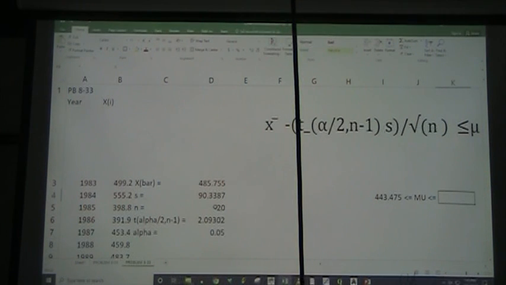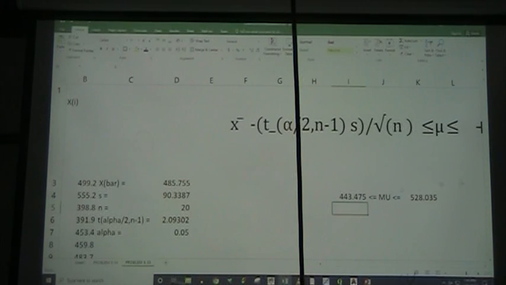All right, so 443.475, or call it 443.5, is the lower end. The upper end equals x bar plus my t of 0.025 with 19 degrees of freedom times my sample standard deviation divided by the square root of my sample size.